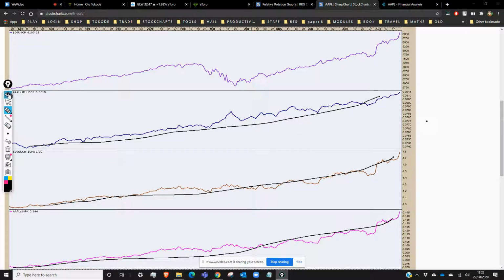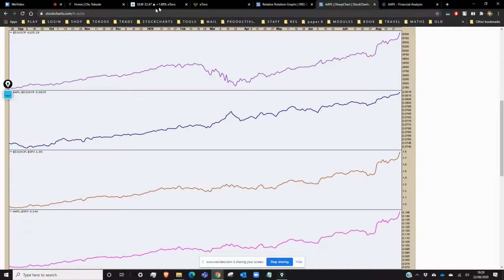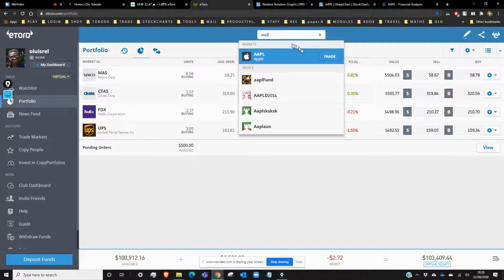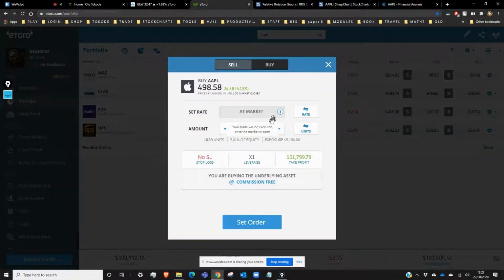Definitely want to buy Apple. So Apple. Well, this is a no-brainer. Everybody knows you should have Apple in your portfolio. So there's nothing really eye-opening in this stock pick. That is Apple. Everybody has Apple in their portfolio.